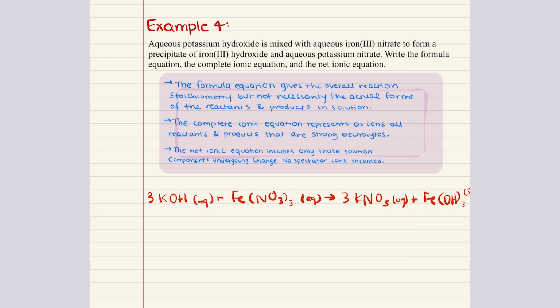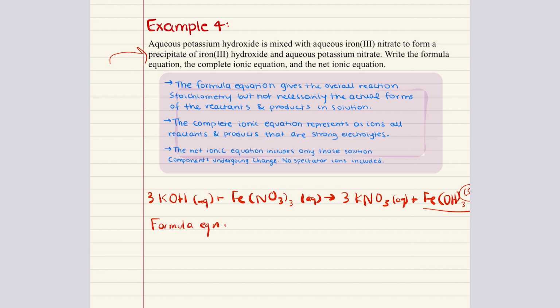Okay. We have 3 potassium hydroxide plus iron 3 nitrate gives us 3 potassium nitrates plus iron 3 hydroxide. And iron 3 hydroxide, we said, is insoluble. It will precipitate out, hence why we assign it a solid, s. Everything else is an aqueous solution. And the problem here essentially gives you that information anyways. This is our formula equation.